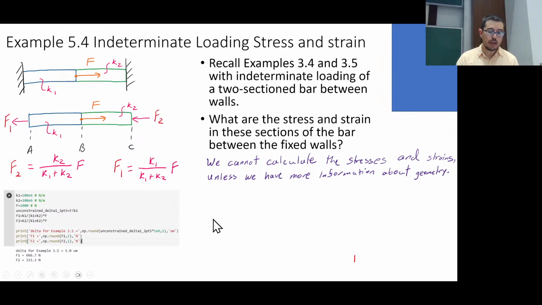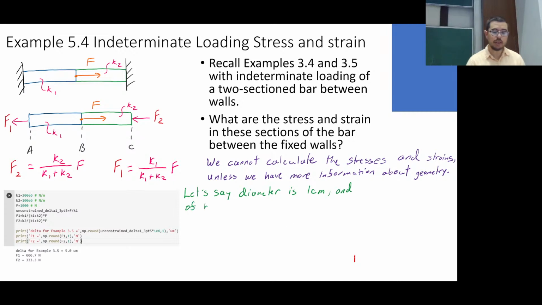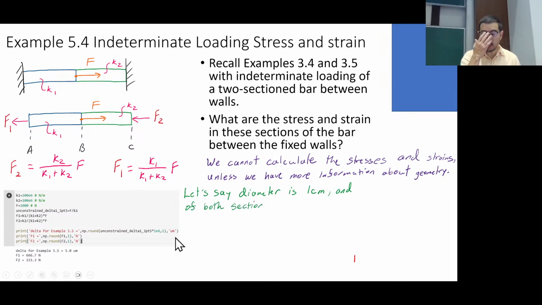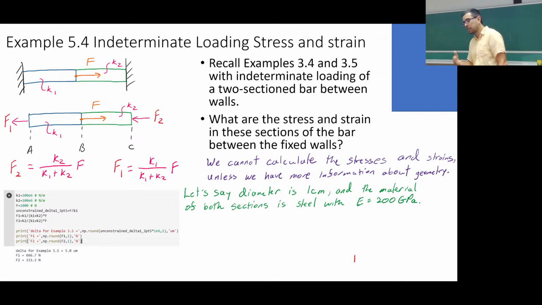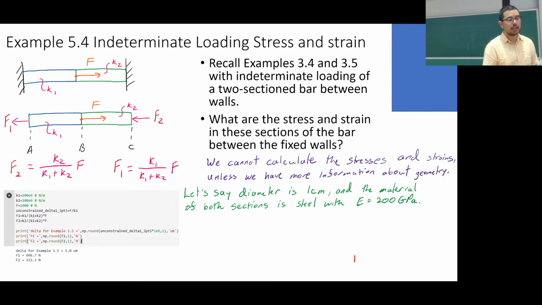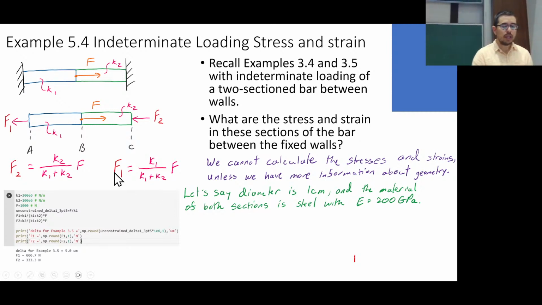So once we know the cross sectional information, let's say the diameter is given, and we have them with the same cross section, the same cross sectional area, and we have an elastic modulus.